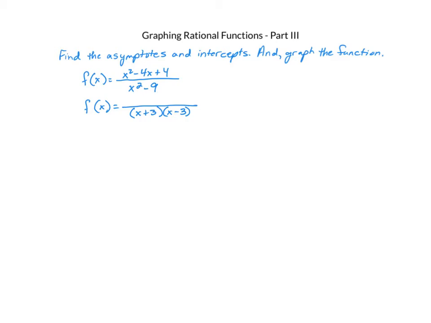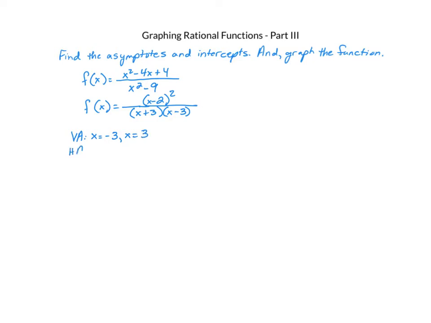Notice the numerator factors into x minus 2 times x minus 2, and I'll just write that as x minus 2 squared. So in fact, I have no common factor in the numerator and denominator, so I know the vertical asymptotes are at x equals negative 3 and x equals positive 3.